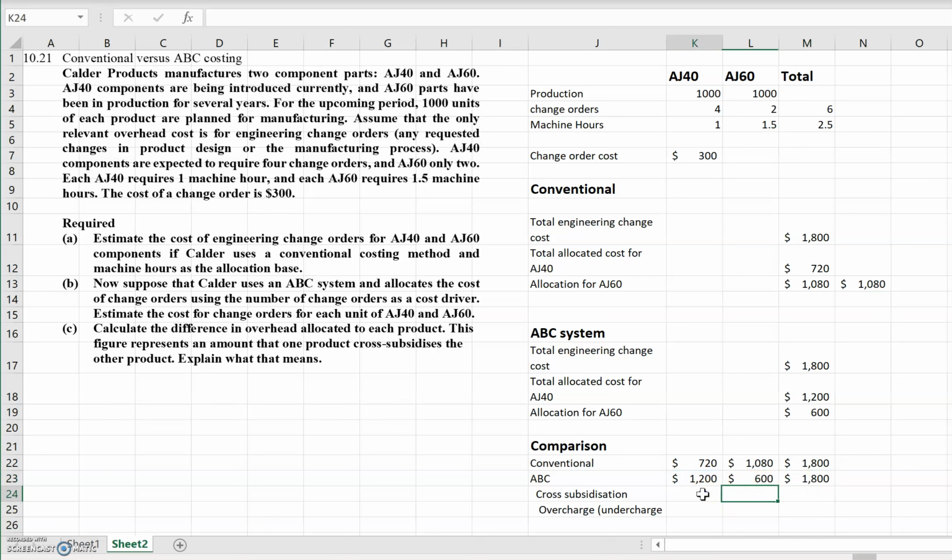Okay, so what we've got is a situation where we're cross-subsidizing one product. So really, the real cost of AJ40 is 1,200, and the real cost of AJ60 for the overheads is 600.